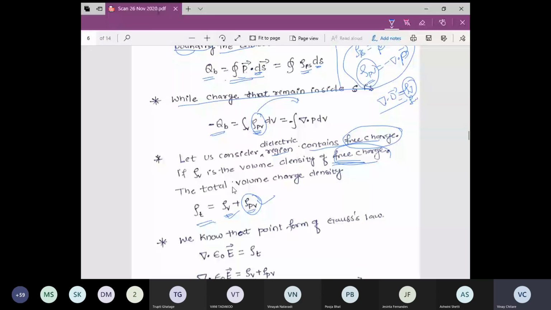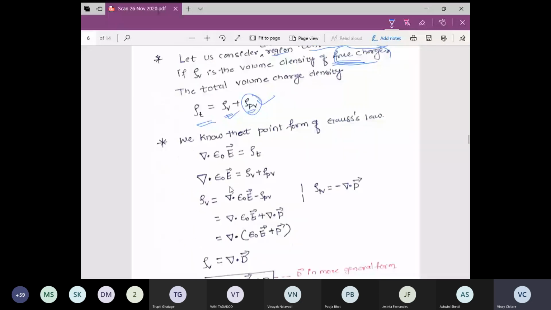Well, we know the point form of Gauss law, so we'll apply it to the total charge. We know it is del dot D equal to rho v, and that D is epsilon naught times E, but now it is the total volume charge density, that is rho v plus rho pv.